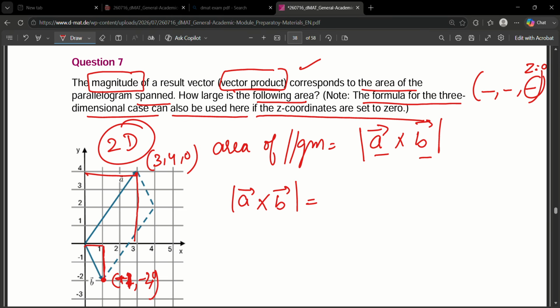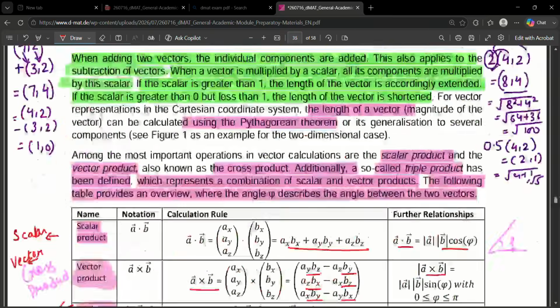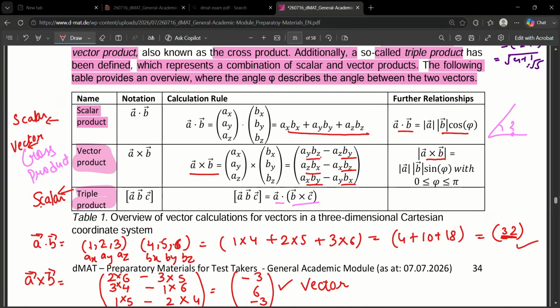And when you have the cross product with the z coordinate 0, it will result into this formula only: ax by minus ay bx. Because whenever you are going to multiply z, that would be 0, 0, 0.